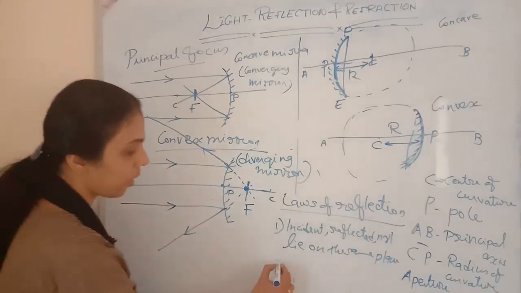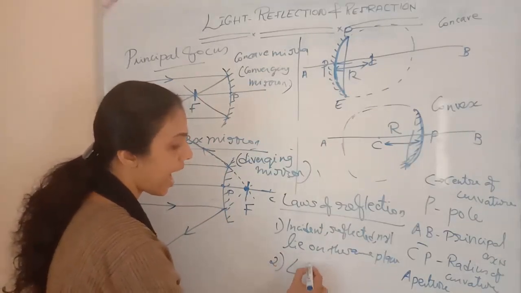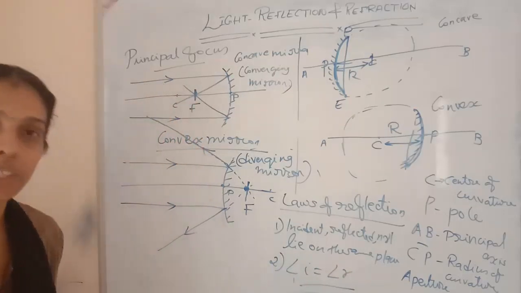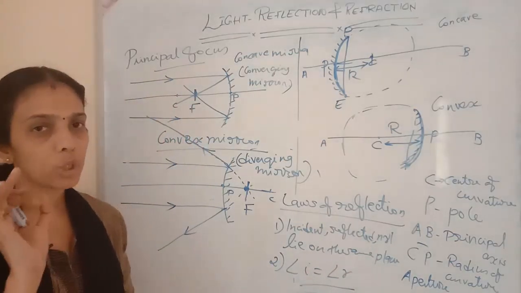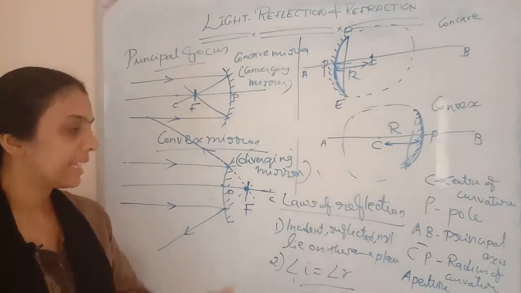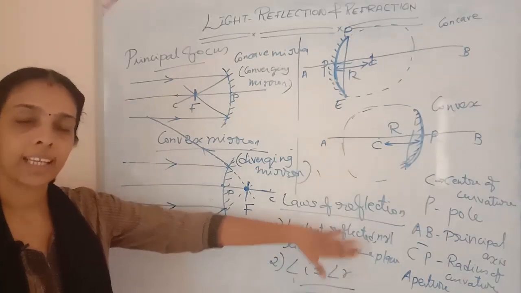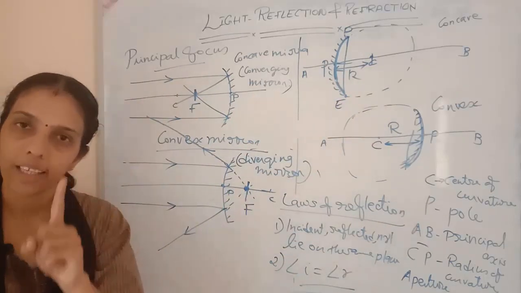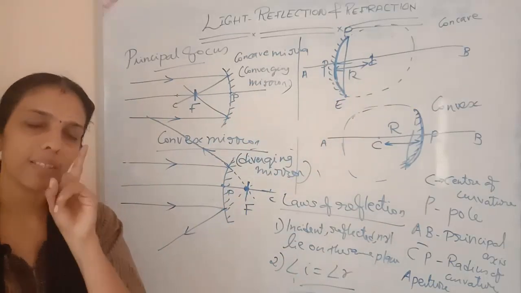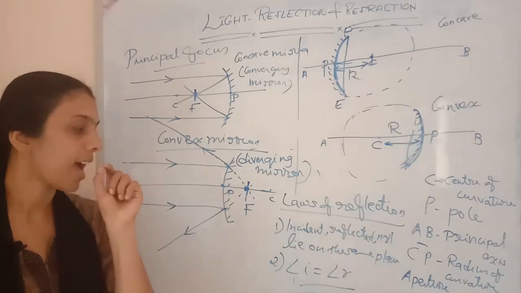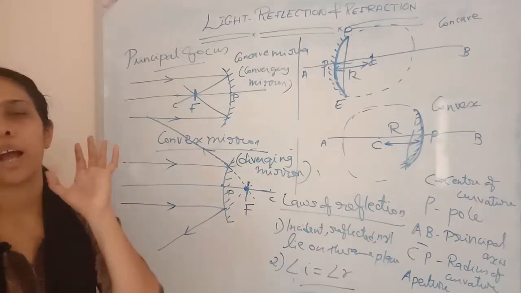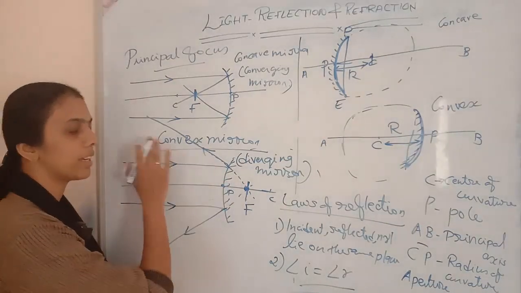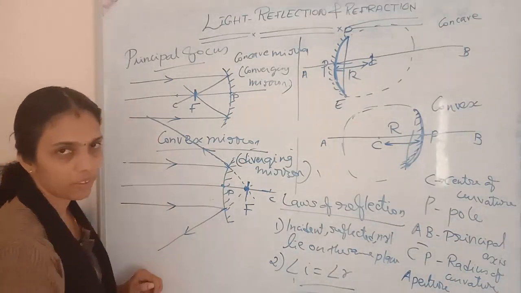That is the first law, and the second one is angle of incidence is equal to angle of reflection. So there are two laws of reflection. The incident ray, reflected ray and the normal at the point of incidence should lie on the same plane. That is the first law. Second law is angle of incidence is equal to angle of reflection. So these are the two laws in the case of reflection.